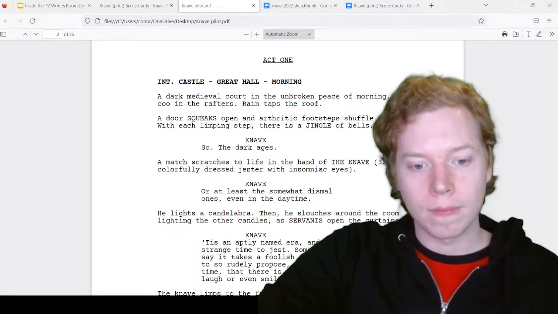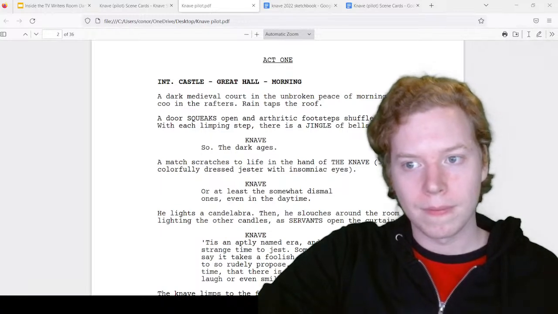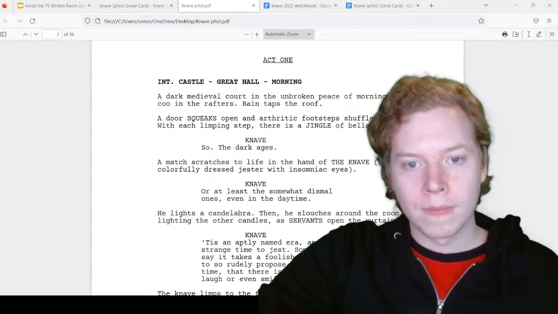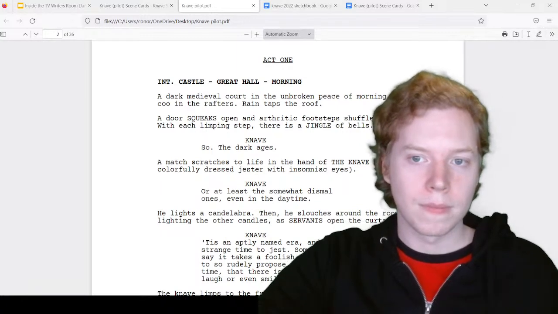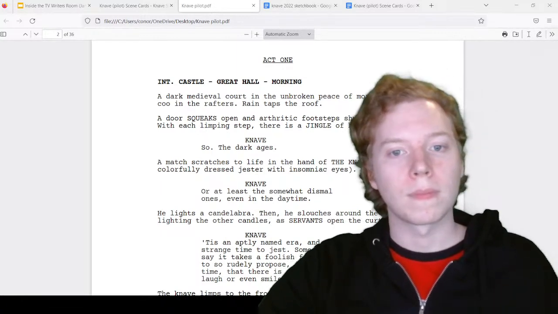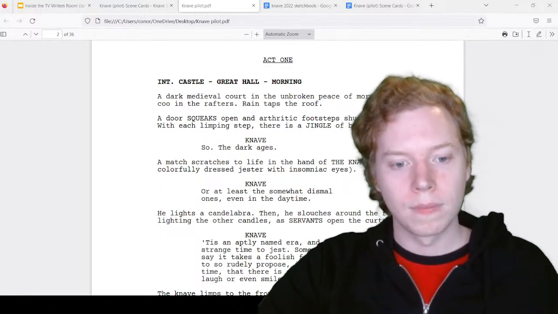Interior, castle, great hall, morning. A dark medieval court in the unbroken peace of morning. Doves coo in the rafters. Rain taps the roof. A door squeaks open and arthritic footsteps shuffle inside. With each limping step, there is a jingle of bells.